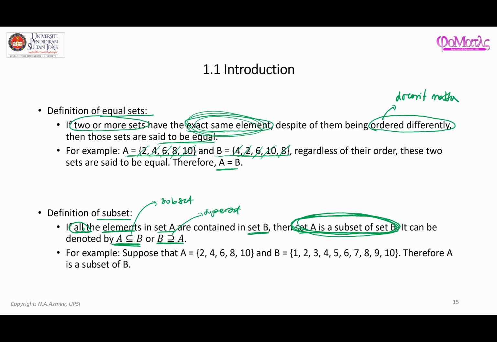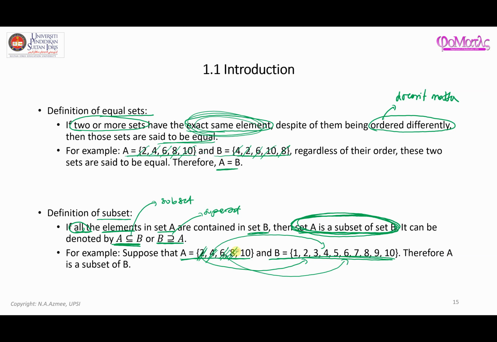Okay, so now let's look at a simple example. Here, suppose that we have set A and set B over here. Now let's see whether A is a subset of B or not. The first element here is 2, so you can see there's 2 here, and then we've got 4, somewhere here. We've got 6, 6 is somewhere there.